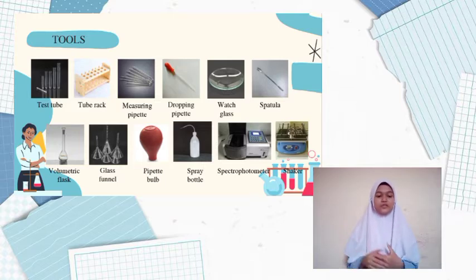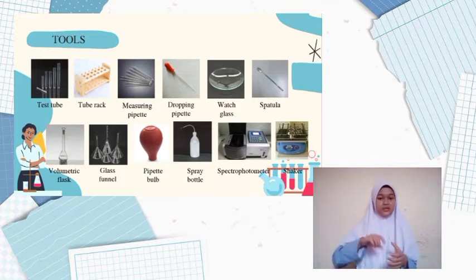Seven, volumetric flask, used for making or diluting a solution in a defined volume. Eight, glass funnel, used for assisting the process of diluting the solution so that the substance does not fall apart. Nine, small pipette, used for assisting the process of transferring the solution by attaching it to the top end of the measuring pipette.